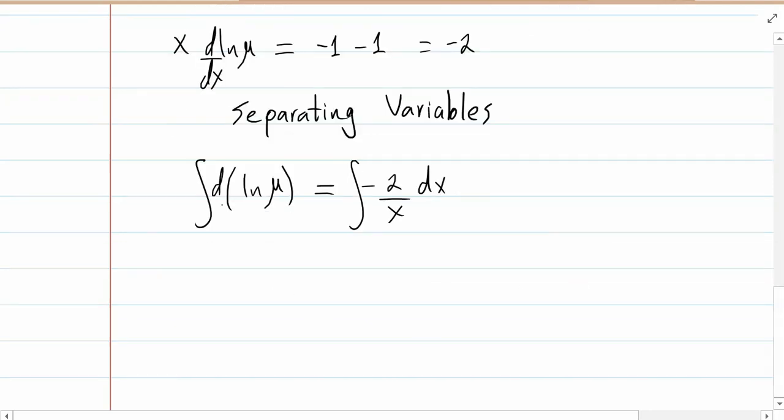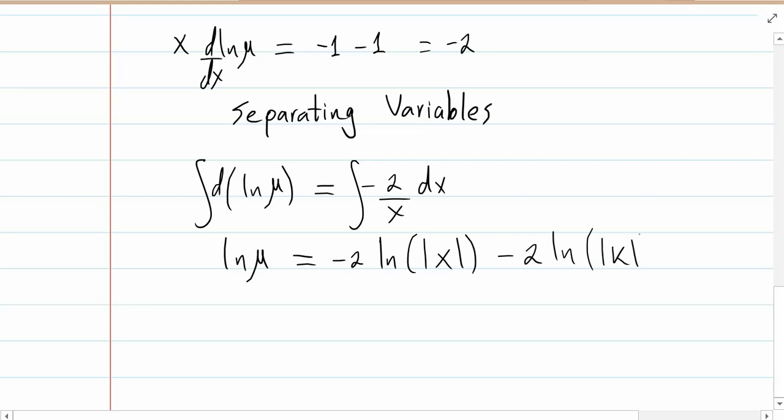Calculating the integrals, here I have the integral of a complete differential, and that means that I just get the function inside the differential. On the other side, I have -2 ln of the absolute value of x, plus, I'm going to write it as, -2 ln of the absolute value of k.